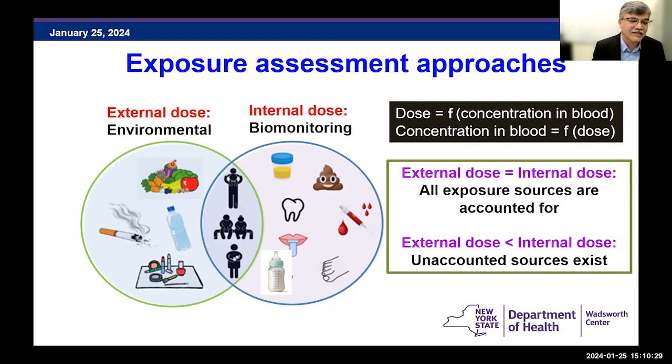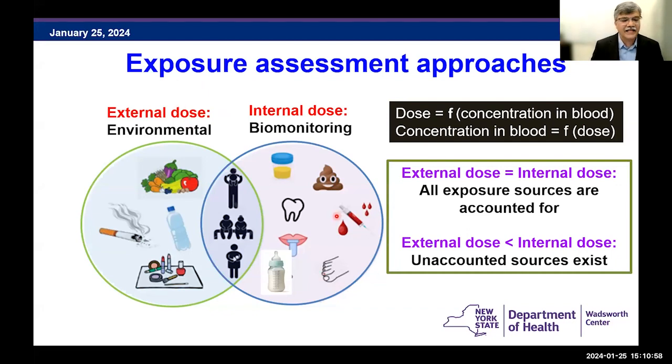At that time, my research was focused on measuring chemicals in food, water, air, and to calculate the exposure dose, right? Based on the amount you ingest from different types of exposure sources and the concentrations of those chemicals you measure in those sources, you can quantify the exposure dose. And that I call here an external dose of exposure.